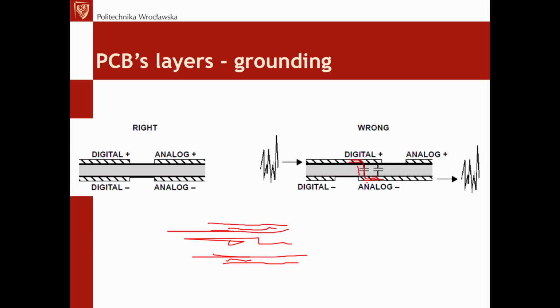The signal will simply go through this capacitor to the analog part, and all the switching that is visible on the digital line will then appear here at the analog pin, causing a lot of problems.